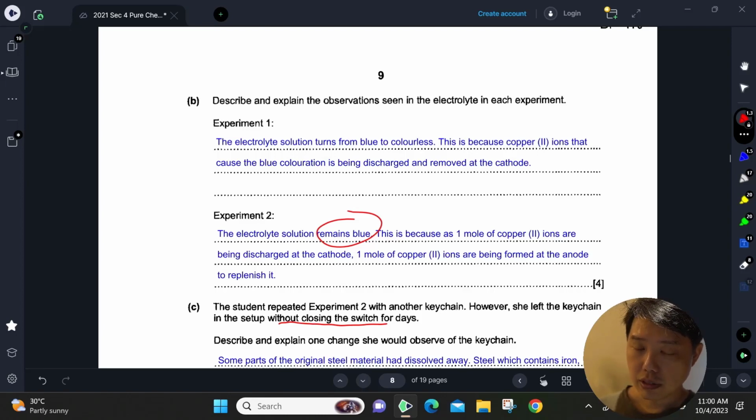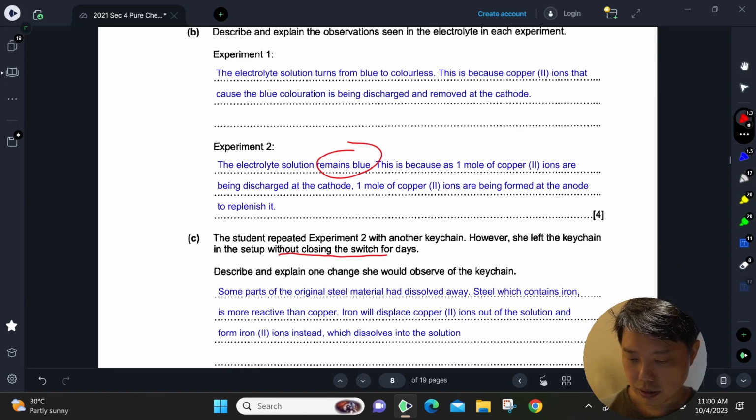However, we just got to think, if we put 2 metals, right, with different reactivity inside the electrolyte, what will likely happen? Okay, so the metal that is more reactive will be oxidized, and the metal that is less reactive will actually be reduced.